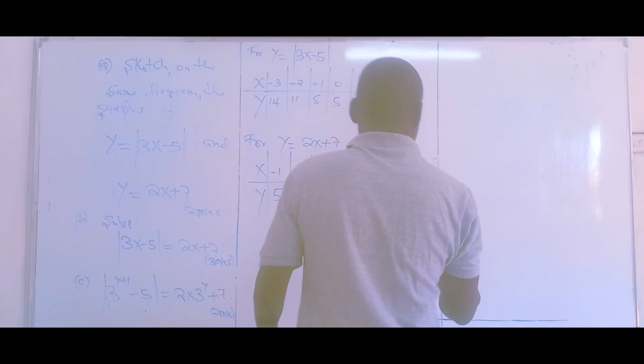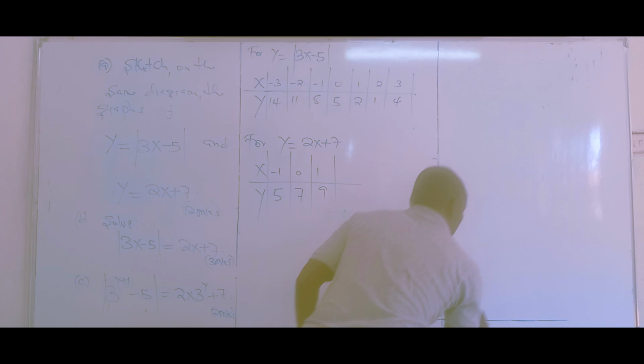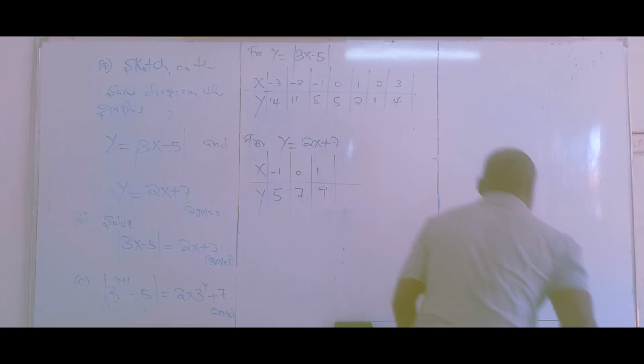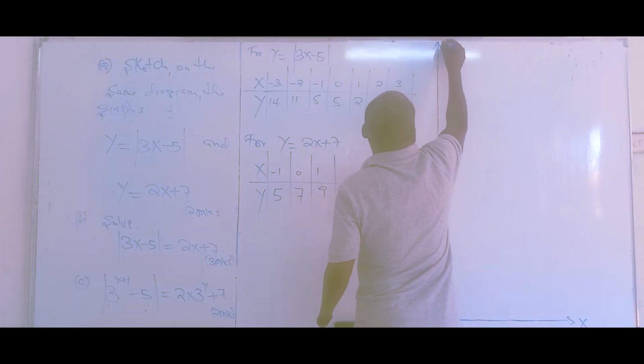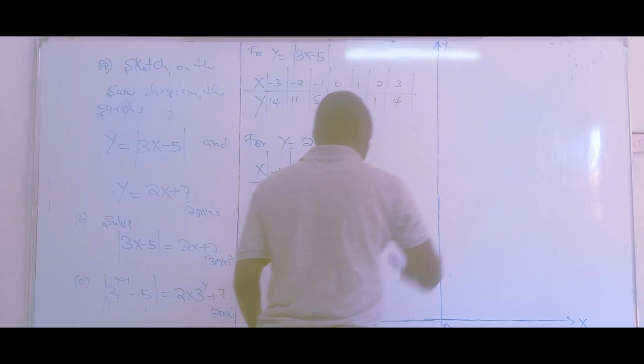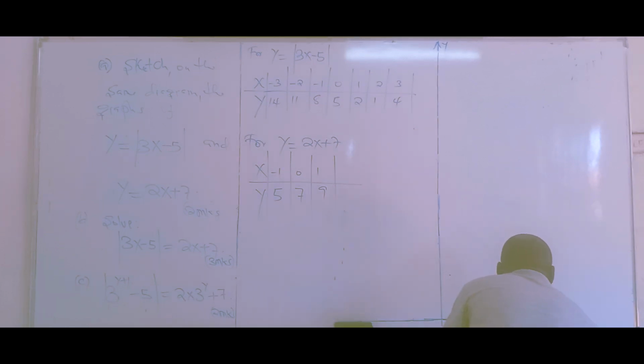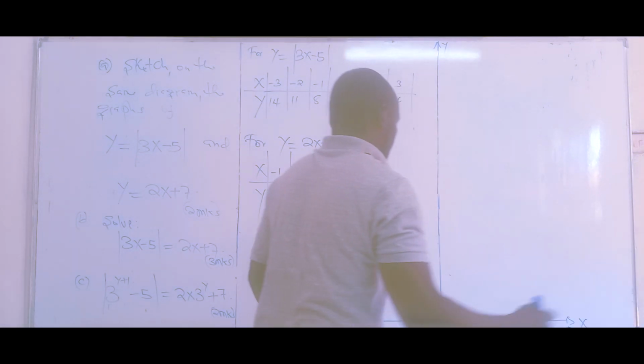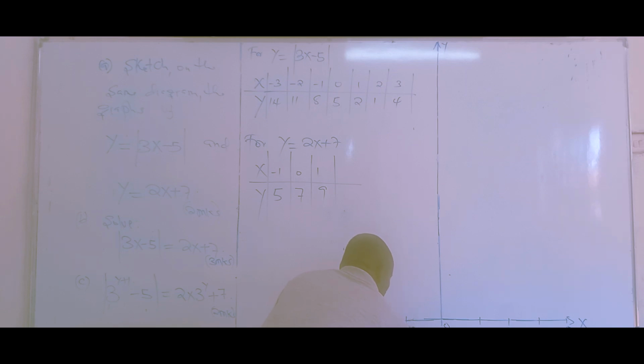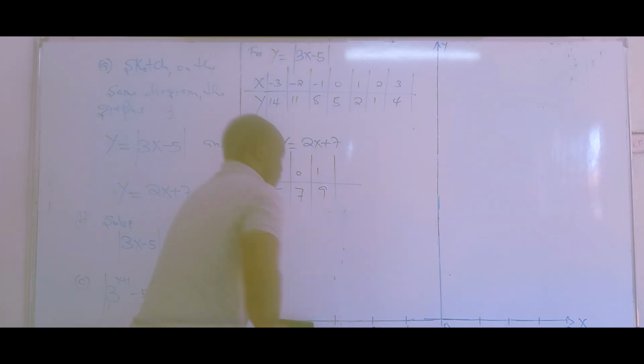So I would want to start, if this is 0, I want to call this my x axis, then call this my y, that's my y axis, and I call this 1, 2, 3, 4. I'm sketching, yeah. So here I call this -1, -2, -3.